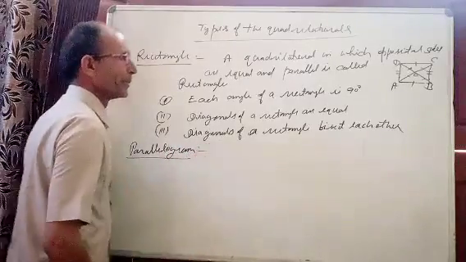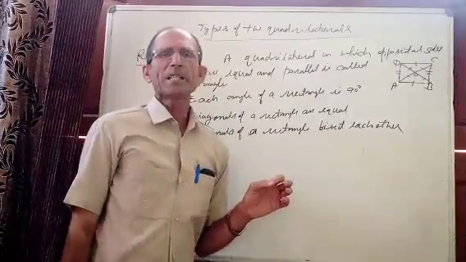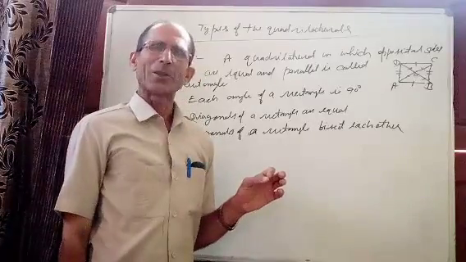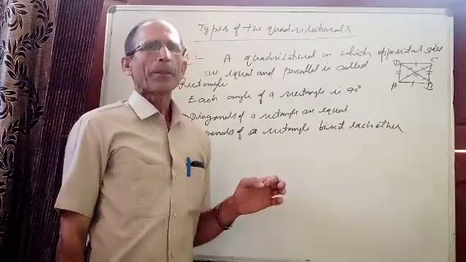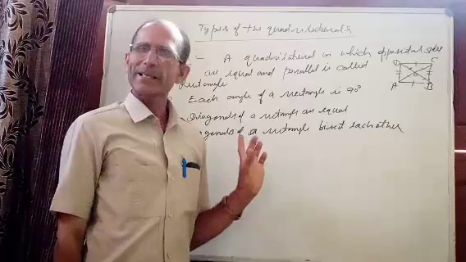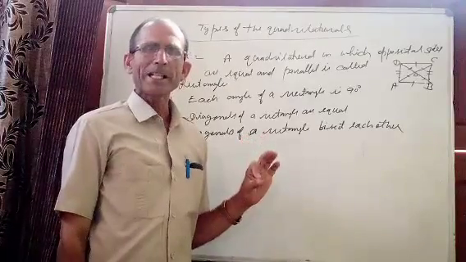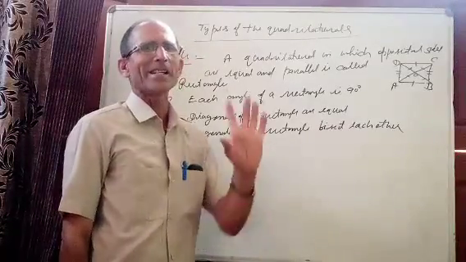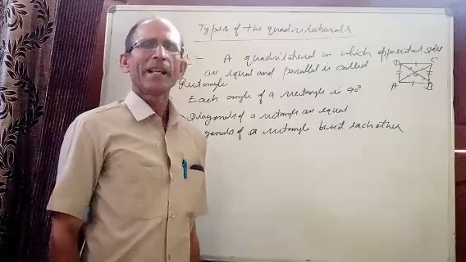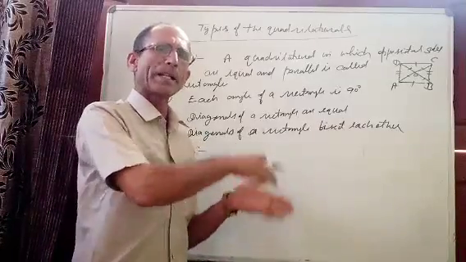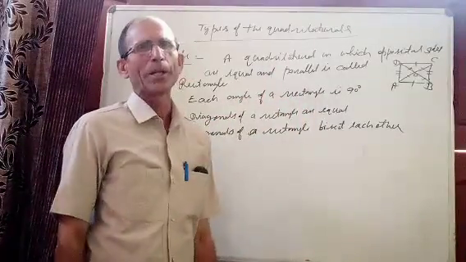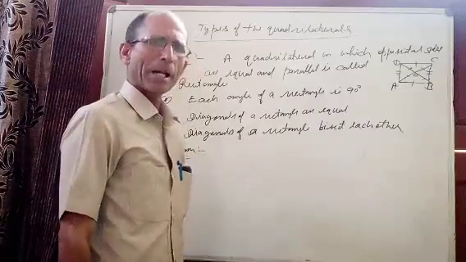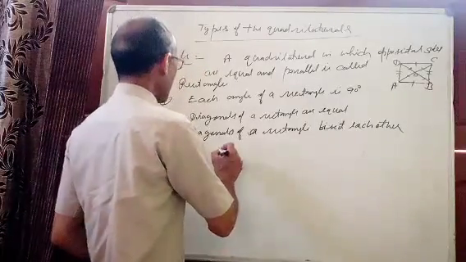Parallelogram. So what is the difference between parallelogram and rectangle? Only one difference is there. In a rectangle, each angle is 90 degrees. This is a must. But in a parallelogram, this is not necessary. Otherwise, the remaining properties are the same for rectangle and parallelogram. So what is a parallelogram?